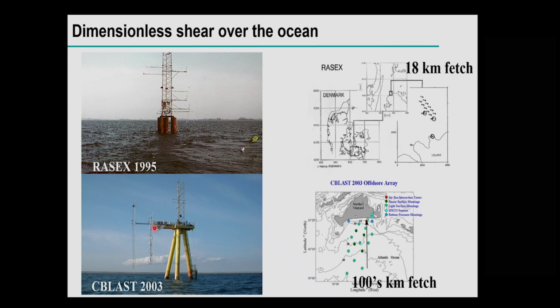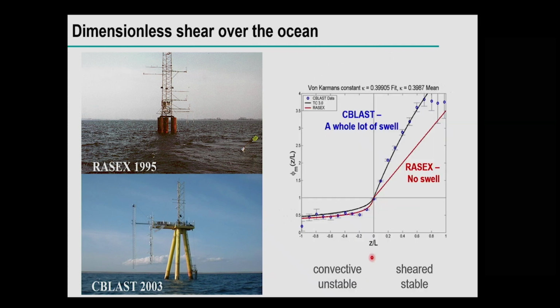And the other one is from the ASIS platform off the coast of Martha's Vineyard, where you have a very long fetch. So the big difference here in both the stable and the unstable condition is the fact that you have swell. And that's not really taken into account in those bulk algorithms because they have one stability function.